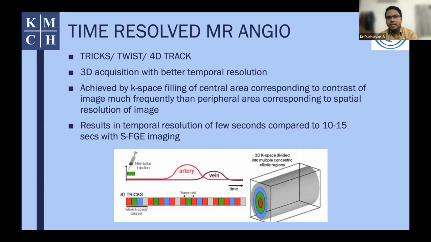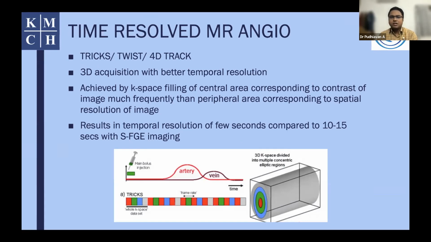Just a single slide about time resolved MR angiography. This has been marketed with different names: TRICKS, TWIST, 4D TRAK, depending on the vendor. What it does is that this is a 3D acquisition with a better temporal resolution.